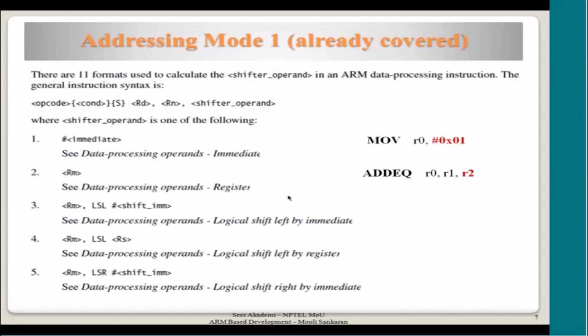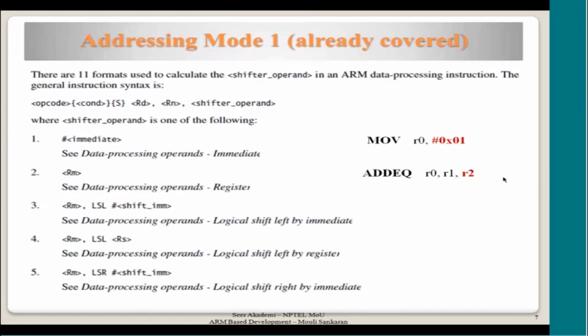Now the second format. As I mentioned, we are talking about what all we can do with the RM here, the second operand. The ADD instruction has two operands: R0 equals R1 plus R2. In this case, the second operand is a straightforward register.